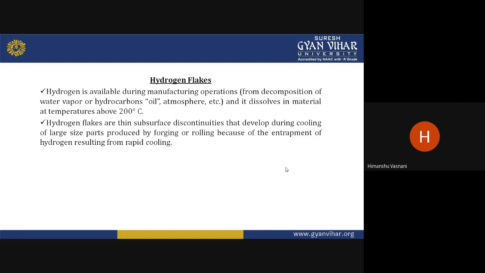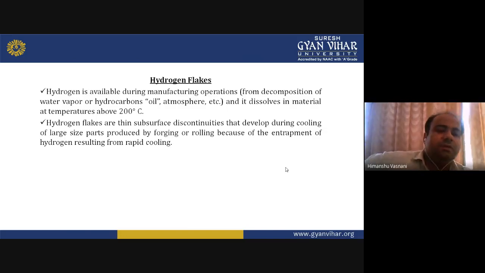During the cooling of large parts which you have produced by primary processing, like extrusion, forging or rolling, if some hydrogen is trapped inside after the process and cooling happens, then it leads to hydrogen flakes.